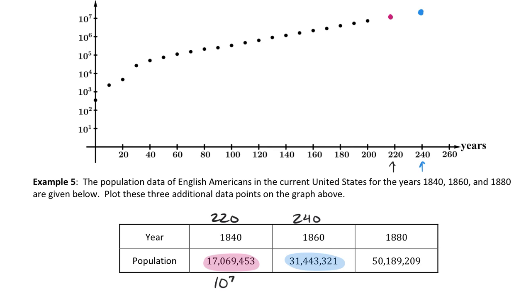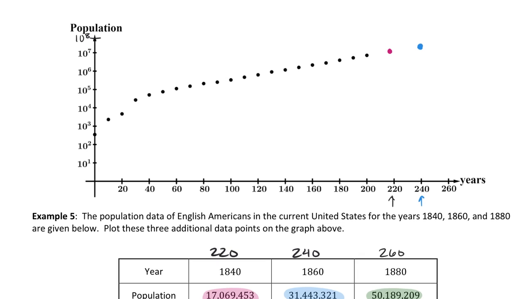For the last one, for 1880, that's 260 years after 1620. And if my output there is 50 million, that's halfway between 10 to the 7th and 10 to the 8th. So if I add over here a 10 to the 8th, you can't see that, it got off screen. 10 to the 8th, that means I want my next dot, my green dot, to be halfway in between the 10 to the 7th and 10 to the 8th.